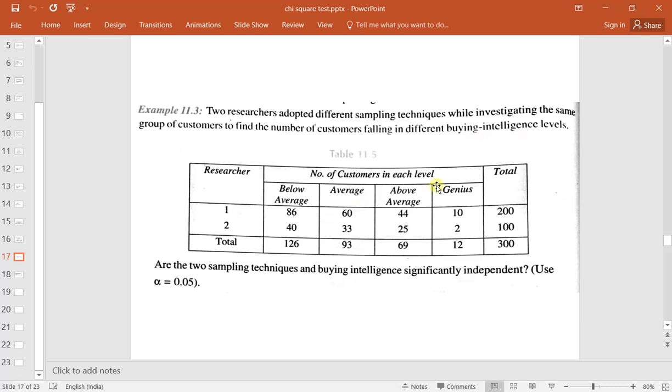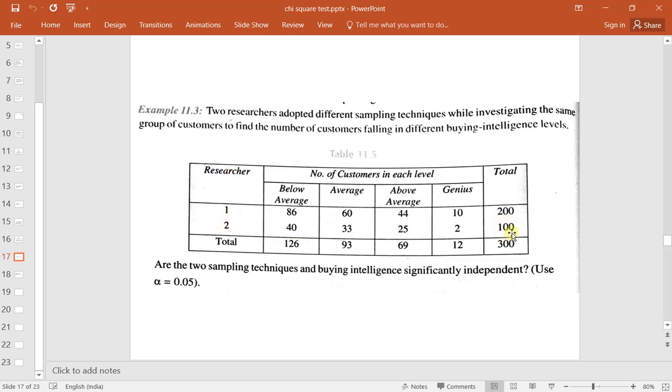There are 44 people who are above average, better than these two categories, and there are 10 persons who are genius in terms of making buying decisions, or they are having better buying intelligence.